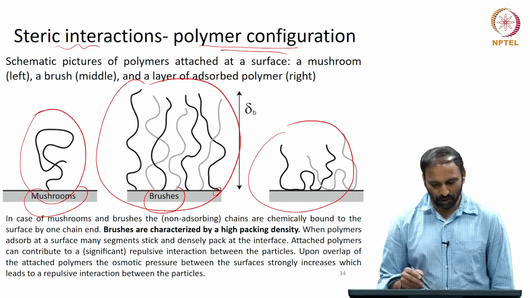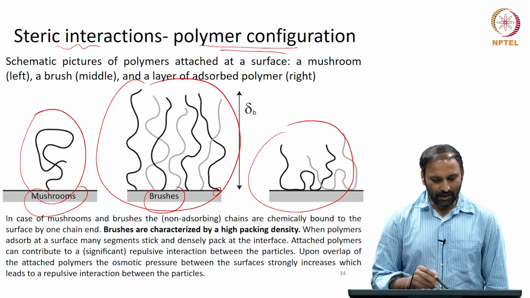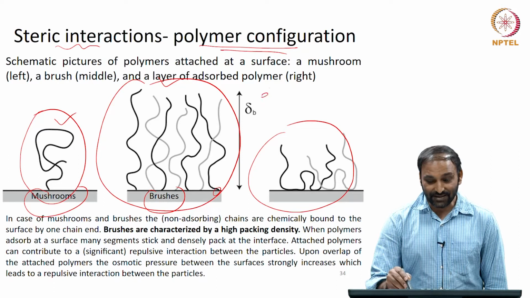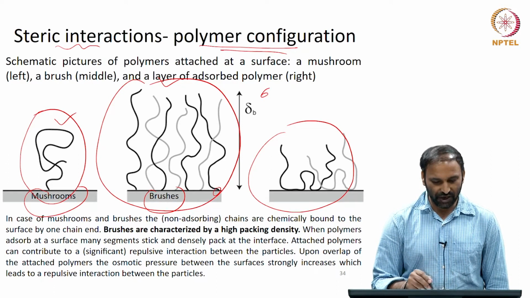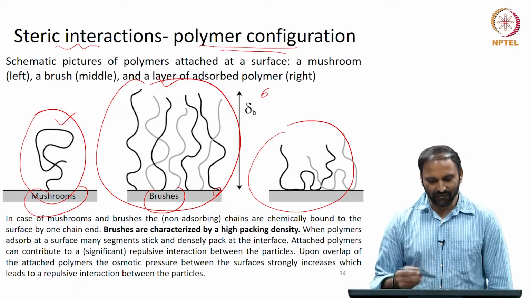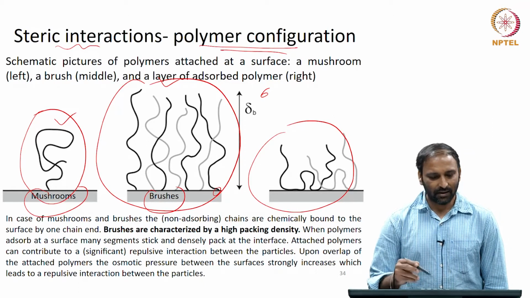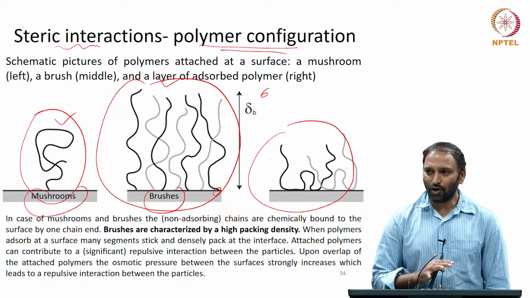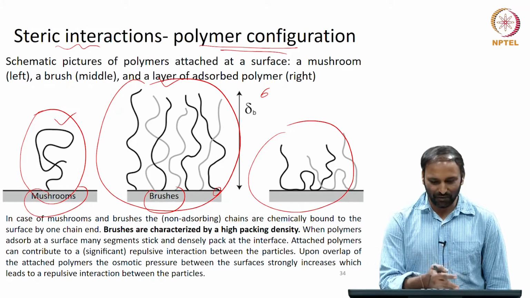So it will depend on the configuration of the polymer, it will depend on the grafting density itself, right? What is the number of chains per unit area that is attached to the surface. So it depends on a lot of factors. Calculating steric interactions is a little bit more complicated than the depletion because of all these effects, right?